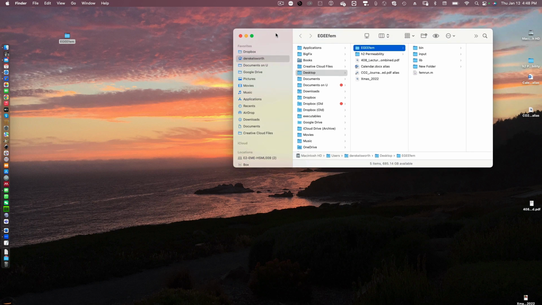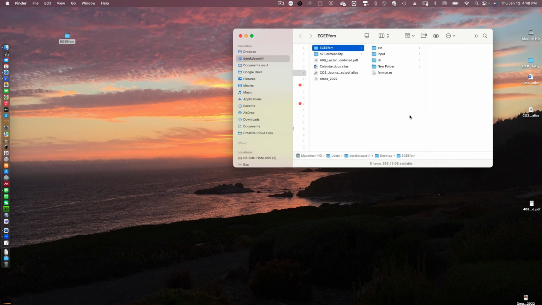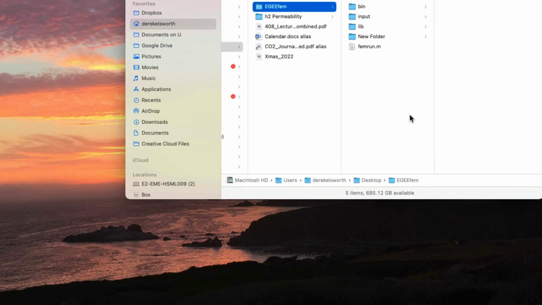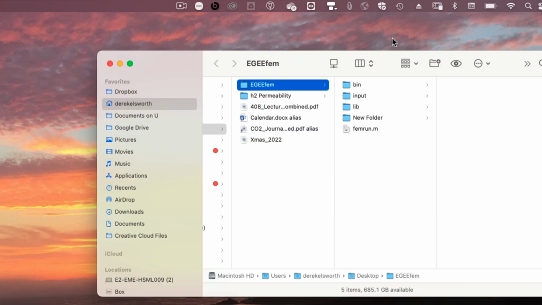All the material is in .m files. It's in MATLAB. It's not bad. These will all run in MATLAB, and you can choose to use MATLAB if you wish.